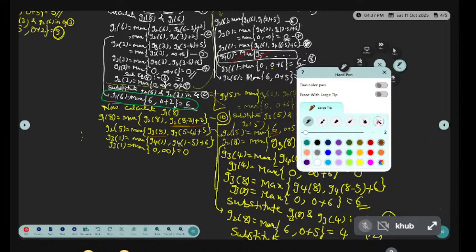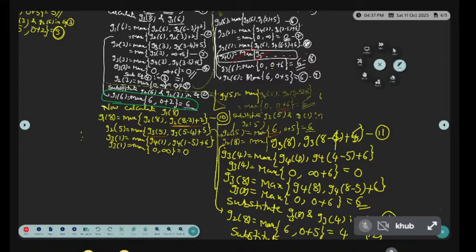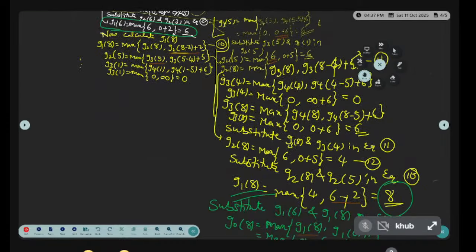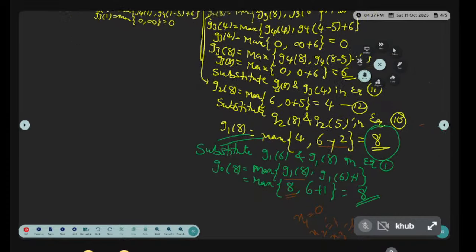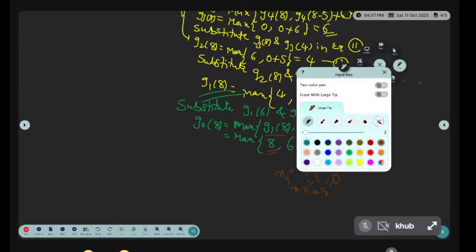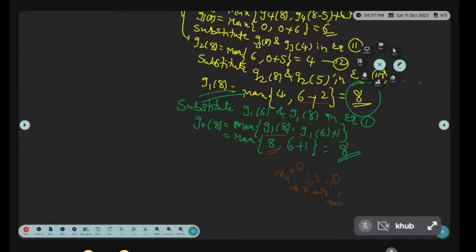G3 of 5 is here. This is the maximum value 6. అంటే fourth item have been taken. Fourth item has been considered. So second and fourth item తీసుకోవాలి.